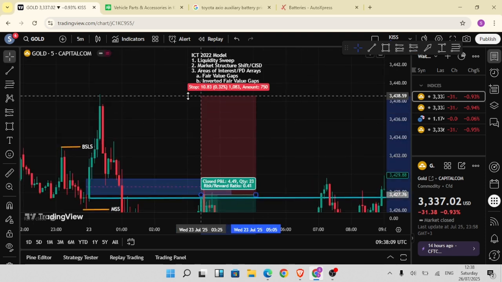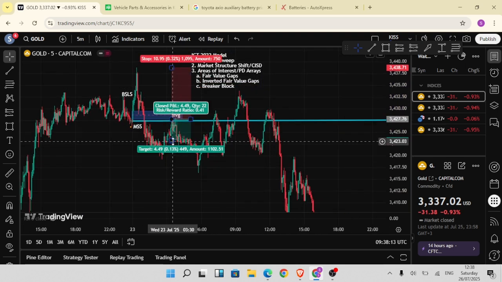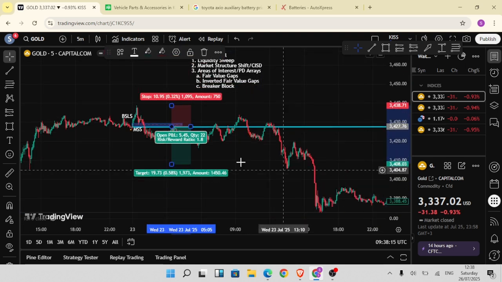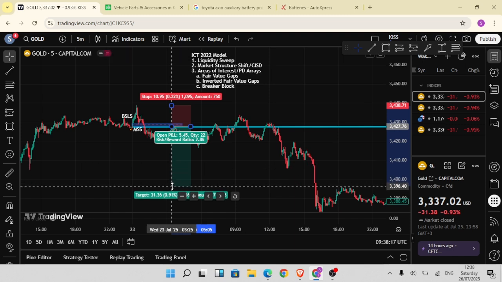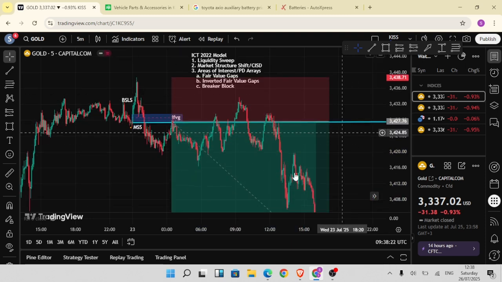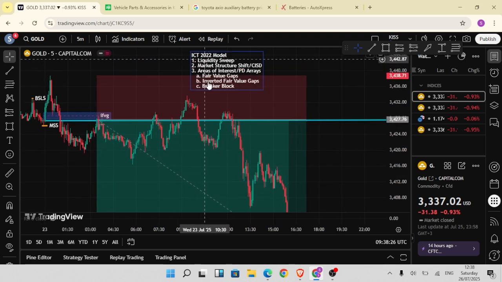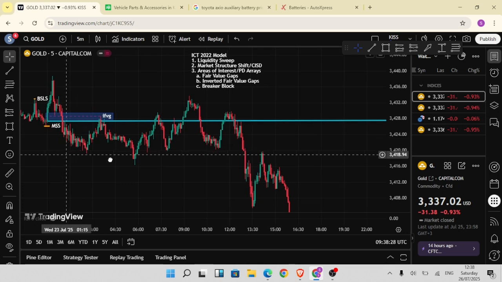Right? Stop loss right above there. Then you want to take risk to reward ratio of 3 right there. Again, our take profit was tagged and hit.